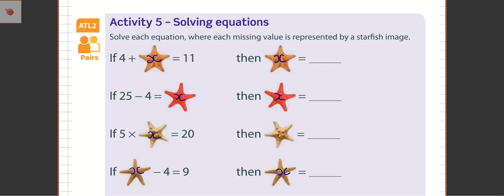Okay? So bear with me if I try and slow things down a little bit and ask you, how do we actually do the calculation rather than we just do this, right? 4 plus something equals 11. Therefore, the something is. How do I work it out though?